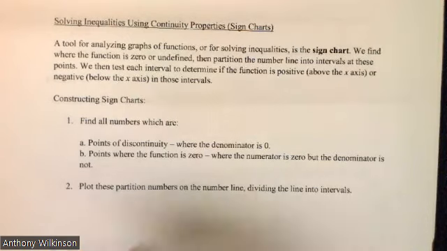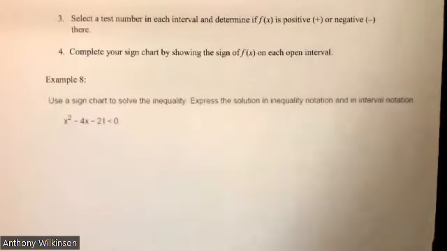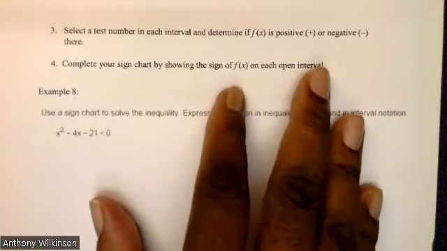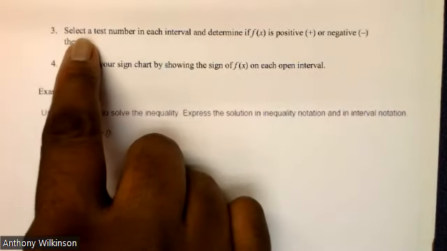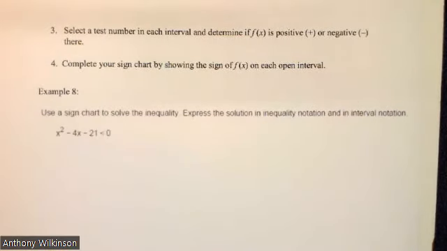Oh, by the way, there's 2 more steps. Select a test number in each interval and determine if f of x is positive or negative there. And then you'll complete your sign chart by showing the sign of f of x on each open interval.